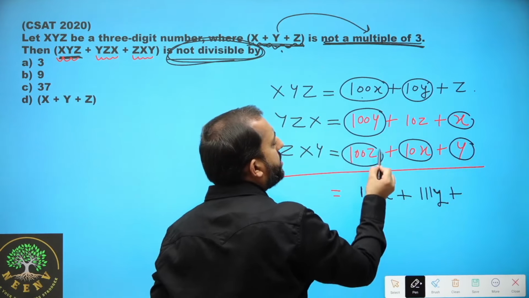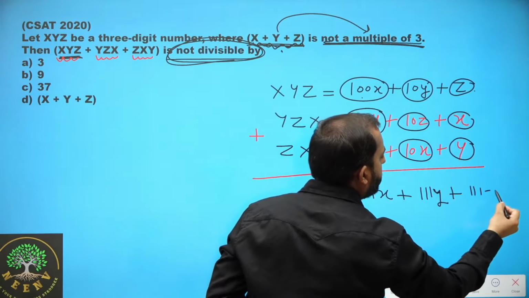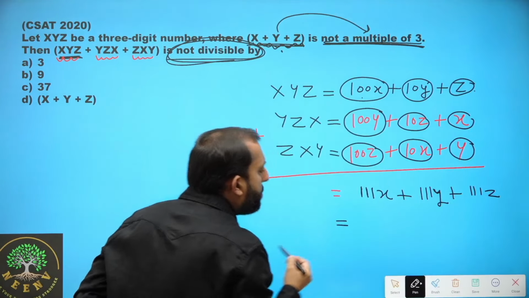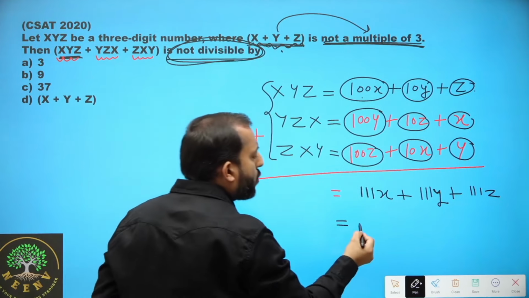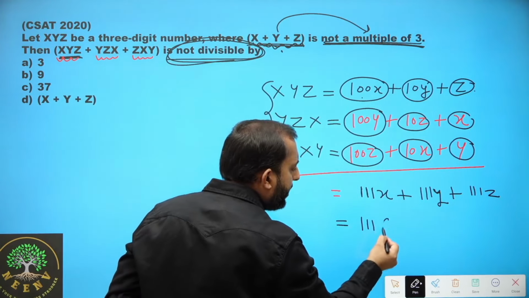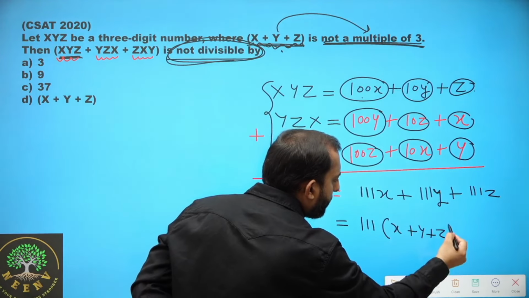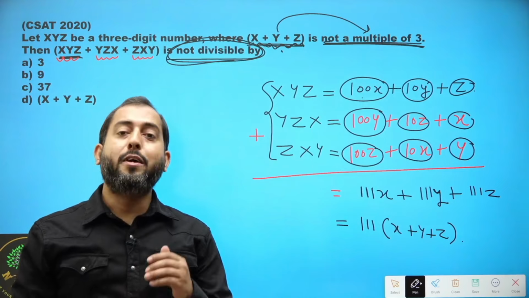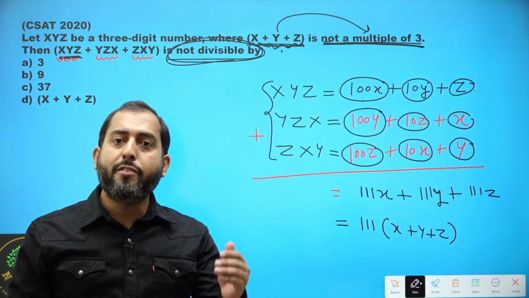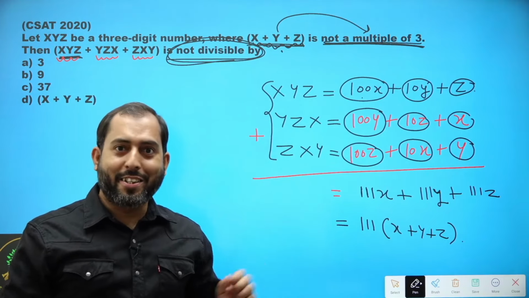And 100z plus 10z plus 1z, 111z. So my sum of these 3 numbers is equal to 111, taken common, times x plus y plus z. Guys, I have told you earlier, 111 is one of the favorite numbers of UPSC trendsetters.